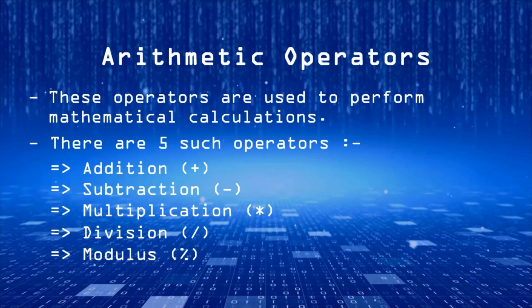For example, 51 modulus 2 will return the number 1 as the remainder. We'll get the remainder as 1, and it is pretty useful because we can use it to create an odd-even predictor. Now let us see how to use them.